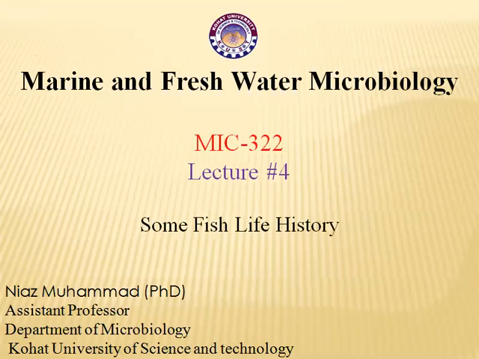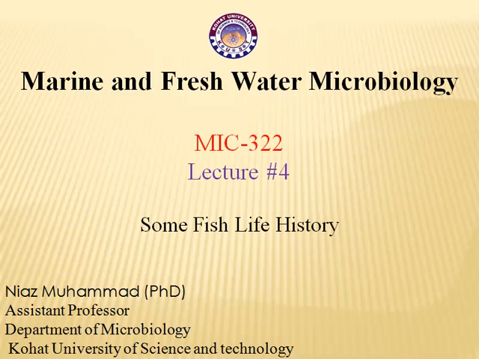So today we are going to talk about fish life history. Why? Because the most abundant and most useful aquatic population is fish. Most business is related to fisheries. Everyone uses fish, and it is the most usable and beneficial protein source.